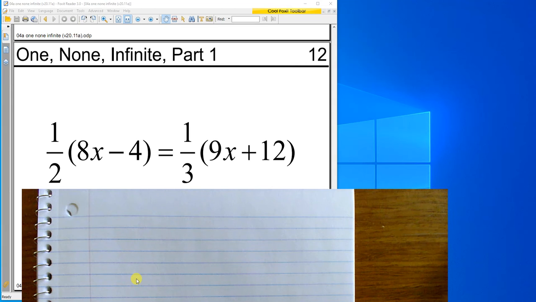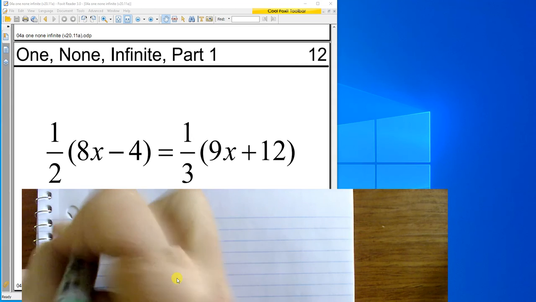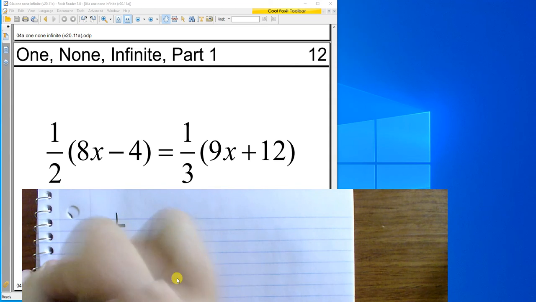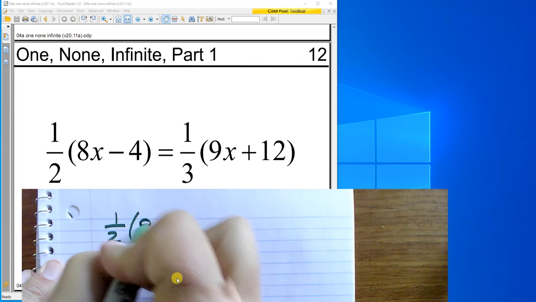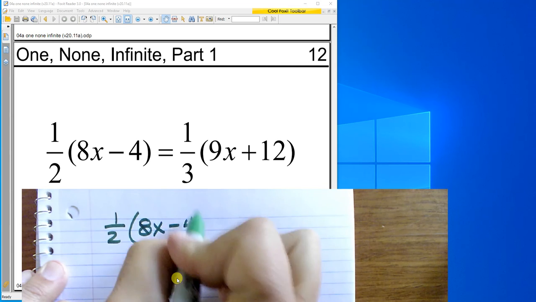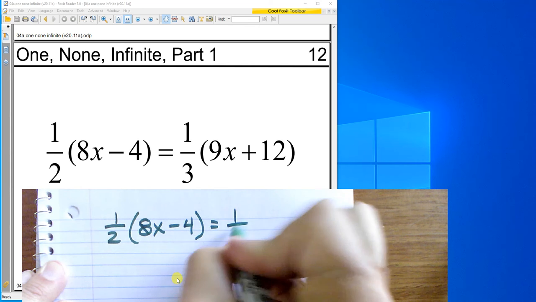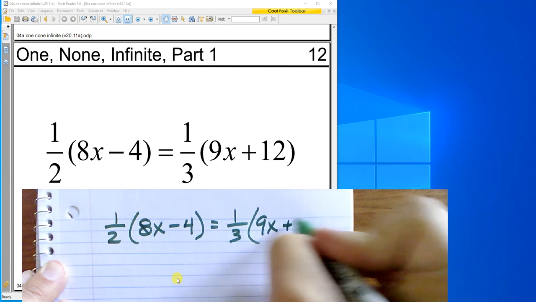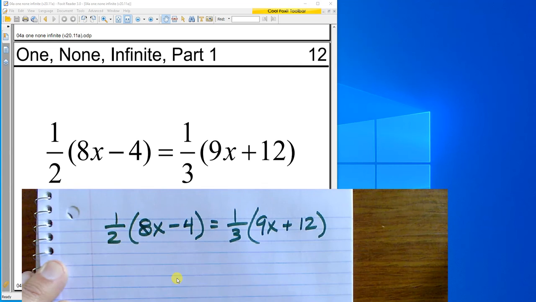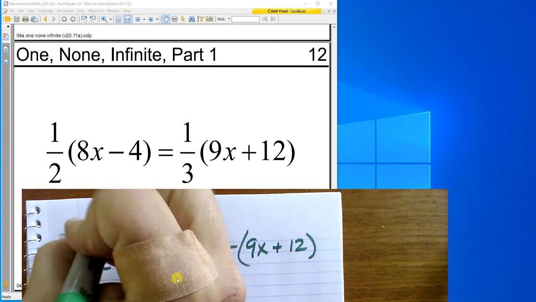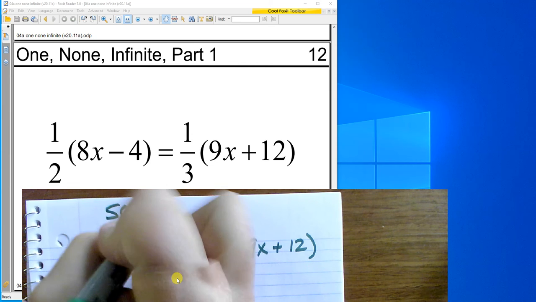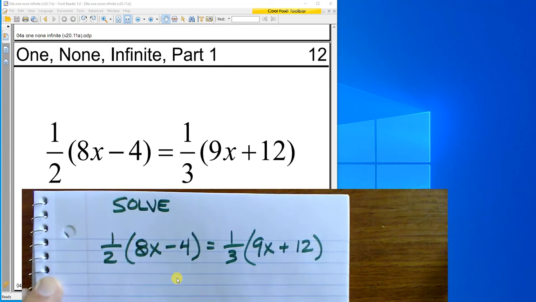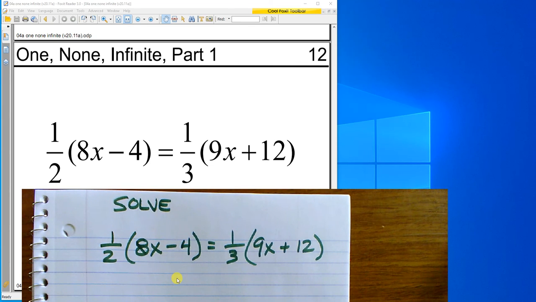One half of 8x minus 4 equals 1/3 of 9x plus 12. And we're going to solve this, or we're going to determine if it's an infinite solution or a no solution. So if it has a solution, find the solution.